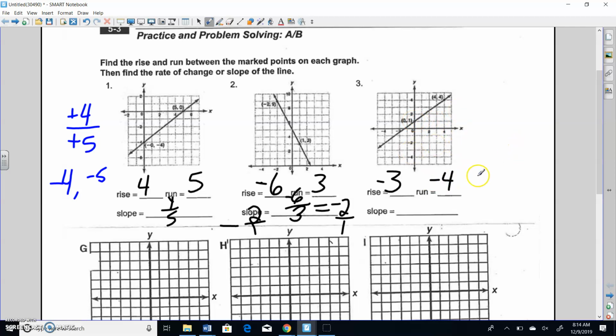Down 3, left 4. So now I'm able to identify my slope as -3 over -4. But remember, negative over a negative will simplify to a positive. So your answer should be 3/4. We would have gotten the same thing the other way, except rise would have been +3 over +4, and there we go.